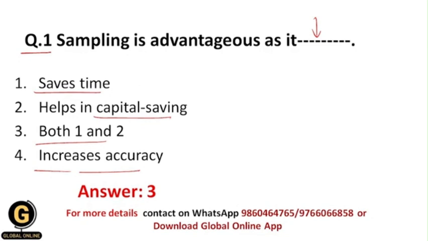Sampling is advantageous because it saves our time, and it also helps in capital saving, because sampling does not include that many people, so we don't need that much funding for data collection. That's why your correct answer should be 3.